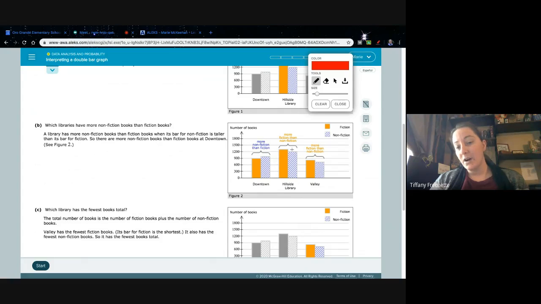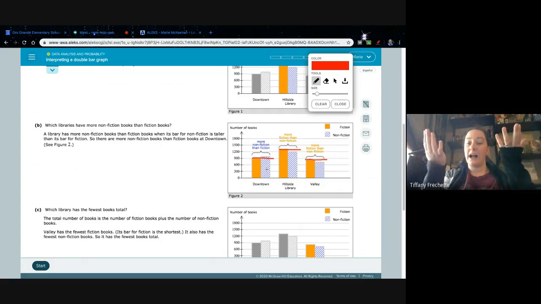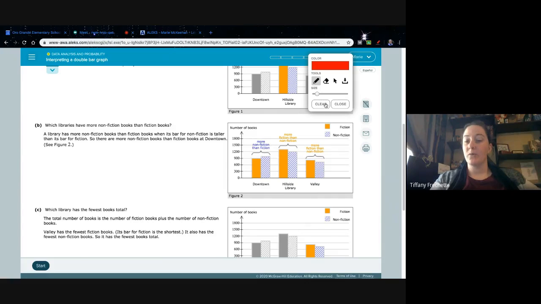Nonfiction is lower than the orange bar here, so that means it has less. And this nonfiction bar is, again, lower than the orange bar. And I'll do the same thing for this one. So we want the ones where the orange bar is lower, so that the stripe bar is a little higher, because that means it has more. So we're just looking at that to see which one has more of whichever item we're looking for.